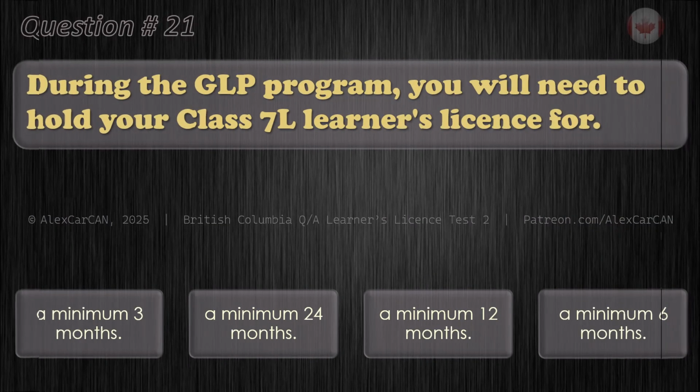Question number 21. During the GLP program, you will need to hold your Class 7 Learner's License for a minimum 3 months, a minimum 24 months, a minimum 12 months, a minimum 6 months. The correct answer is a minimum 12 months.